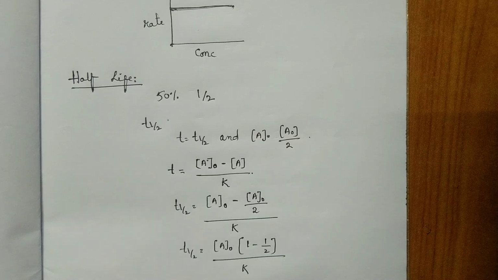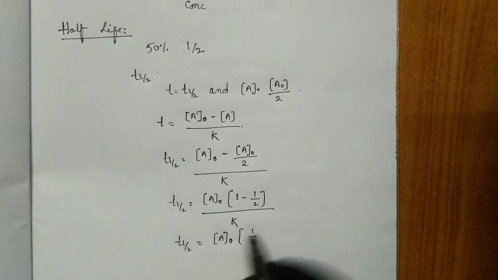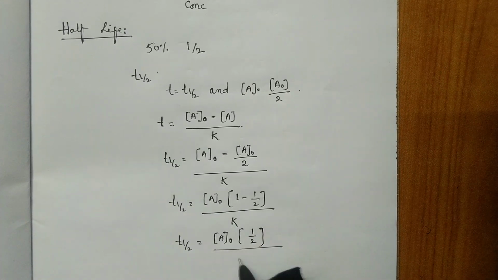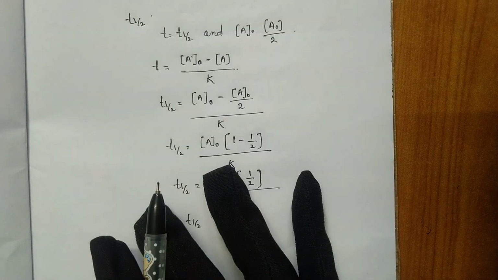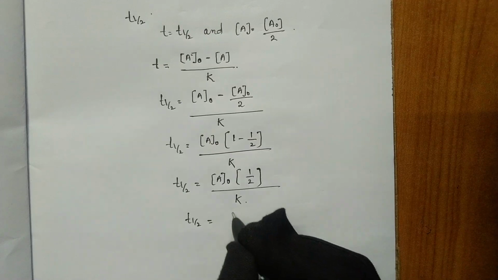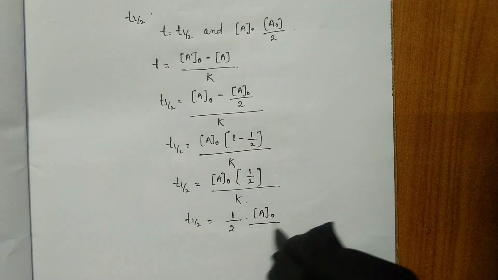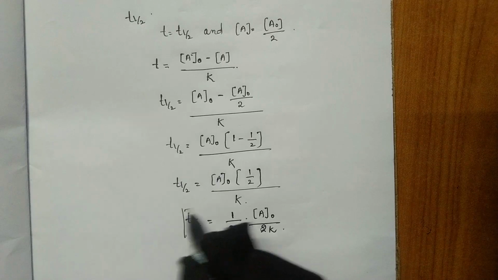So t half = [A]0 (1 - 1/2) / k, and 1 - 1/2 means 1/2, so t half = (1/2) [A]0 / k.